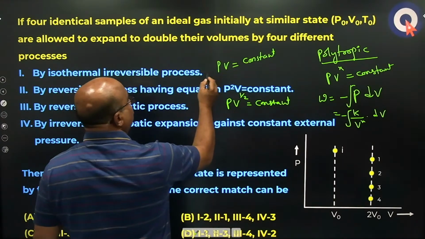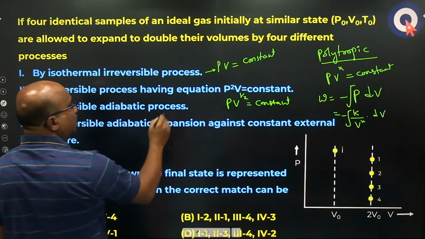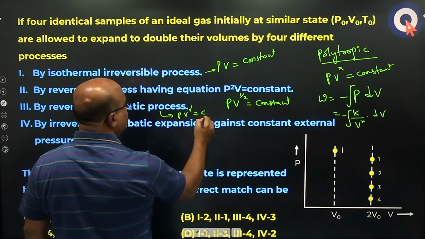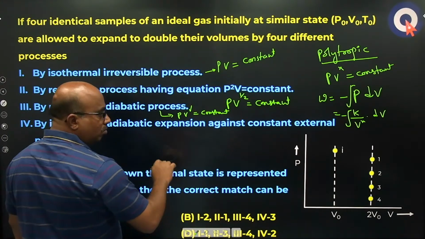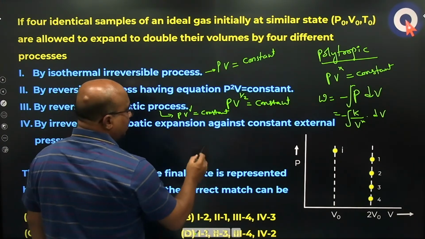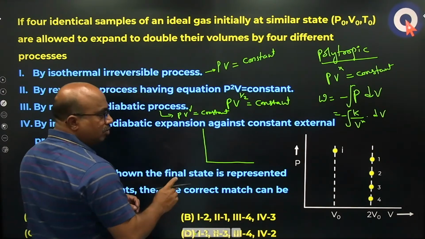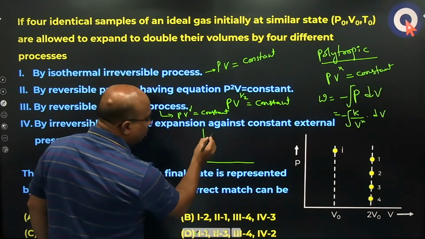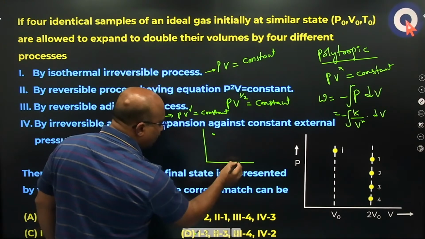So for isothermal, this is the thing. For adiabatic, let us say it is a reversible adiabatic. We say the graph is nothing but PV power gamma is constant. So how do you define this? Adiabatic reversible, adiabatic irreversible and isothermal reversible expansions are there. Suppose we start from the same point and move to the same final volume.